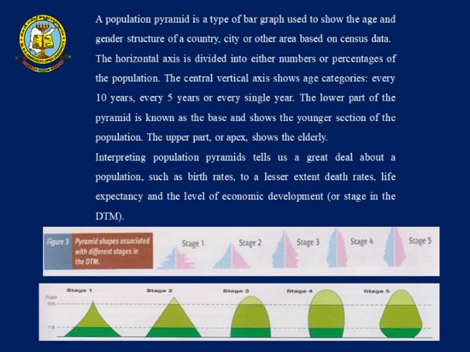A population pyramid is a type of bar graph used to show the age and gender structure of a country, city or other area based on census data. And you all may be very much aware of the Census of India. You can cite Census of India 2001, 2011.